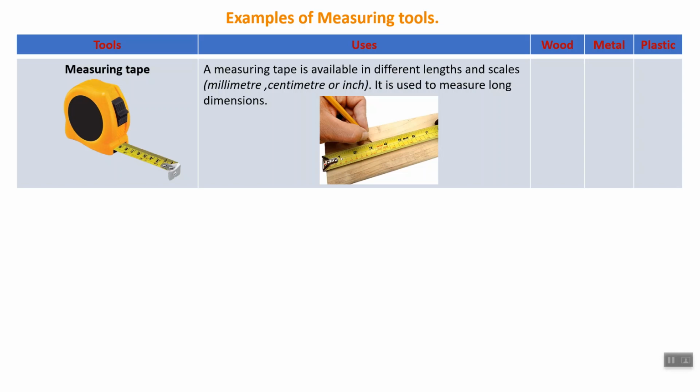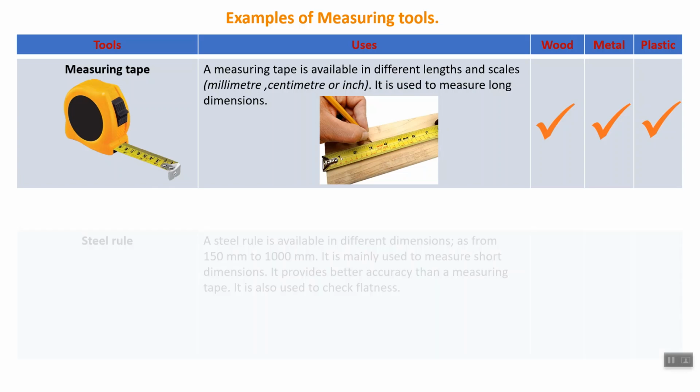It is clipped on the edge of the material, and we can measure the length that we want. So the measuring tape is used on wood, metals, and plastic. Every material we have, we can use a measuring tape. Okay, so this is used for long distances or long dimensions.